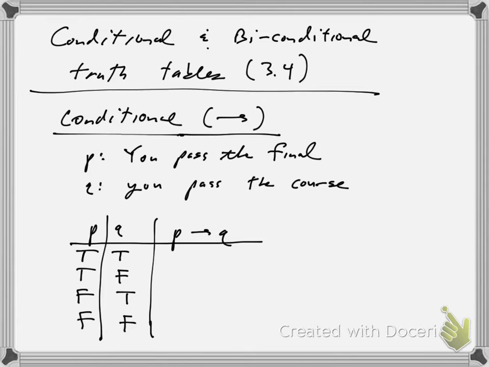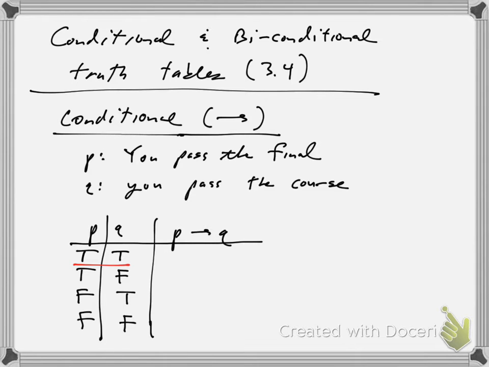So let's take a look at this first one. You passed the final. This first case right here in red. Both you passed the final and you passed the course are true statements. So does that mean that if you pass the final, then you pass the course is a true statement? Well, we know that you do pass the final and you do pass the course are both true statements.